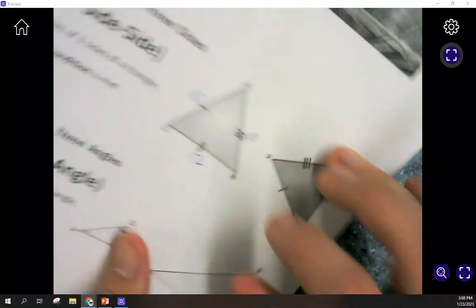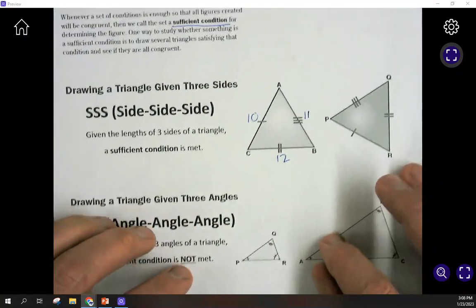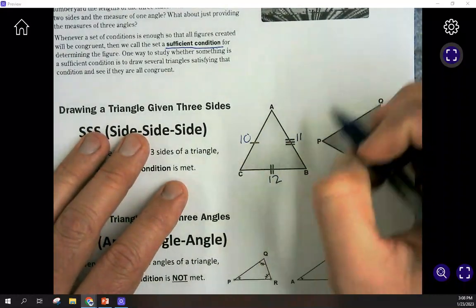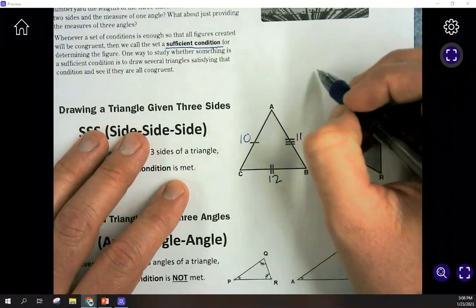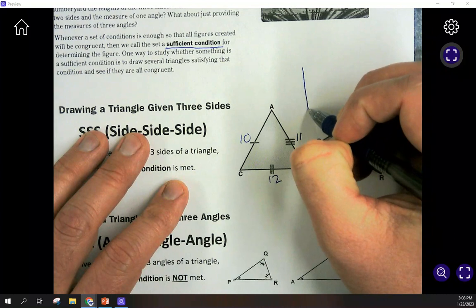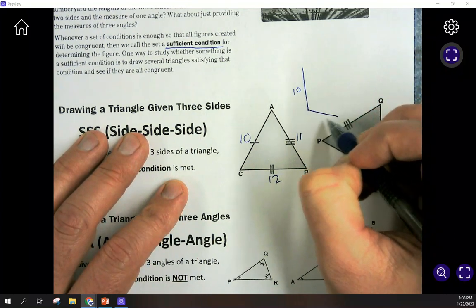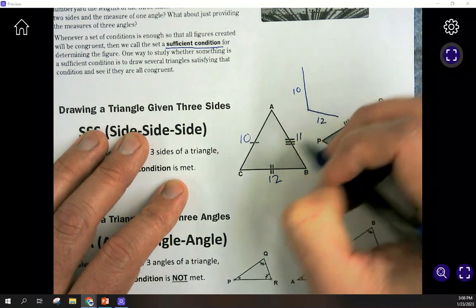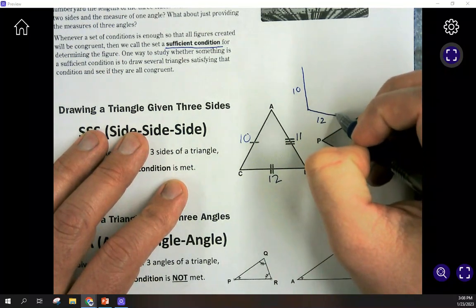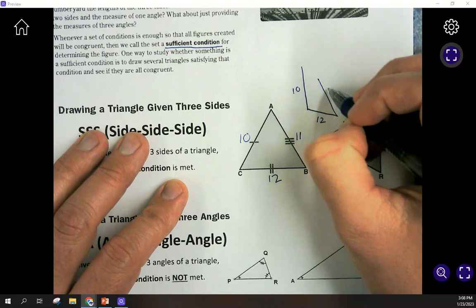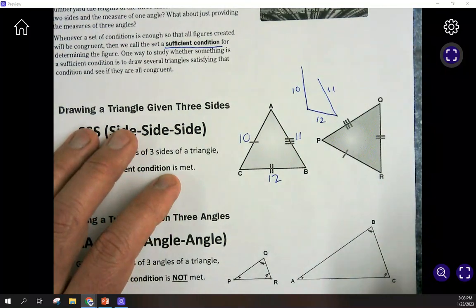And just to jump back real quick to the original one, the side, side, side. If I was trying to recreate this one, you told me those 3 side lengths. If I draw my side of 10, and then let's say I drew my side of 12 this way, well, and I didn't have a matching angle, this side of 11 would come up short, and it wouldn't create a triangle.